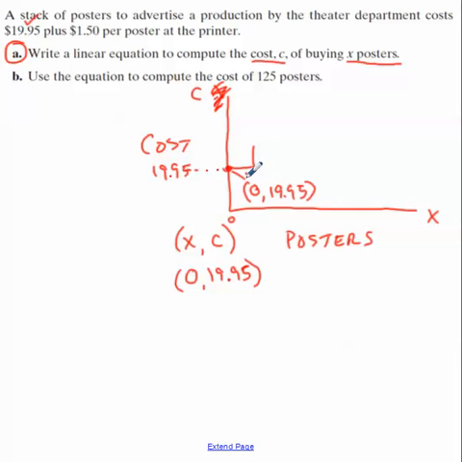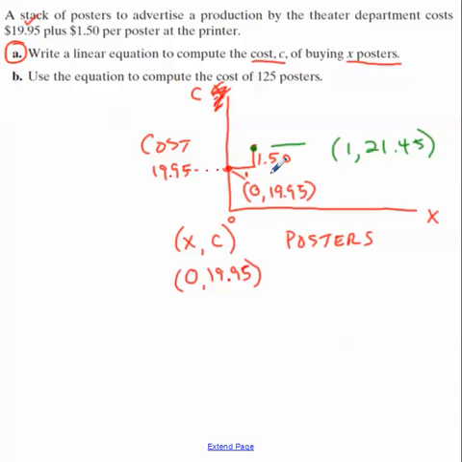We're going to go 1 poster forward and $1.50 extra. So we can get that new point there. In fact, let me change the color, there's my new point. What's my new point right there? Well, it should be (1, 19.95 plus 1.5), and that would be $21.45.